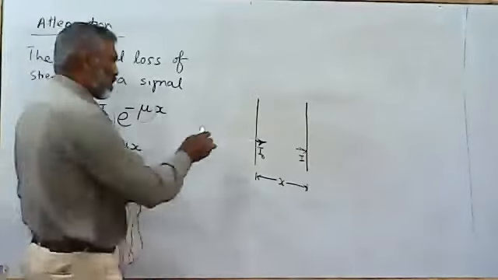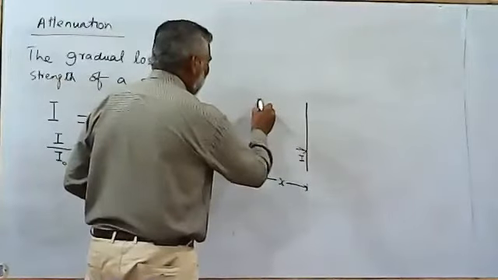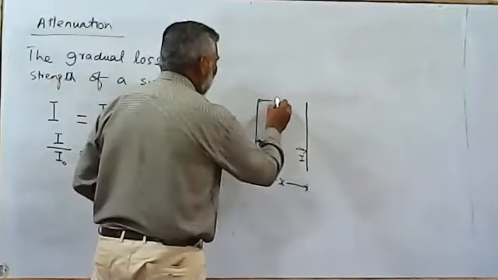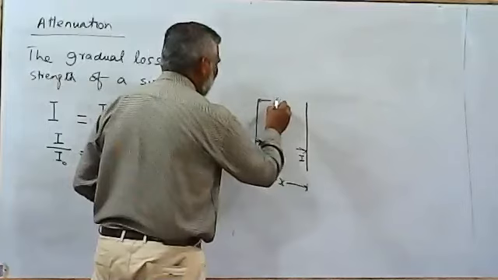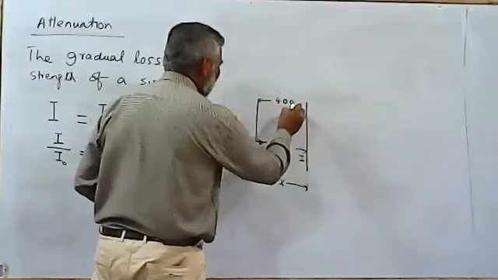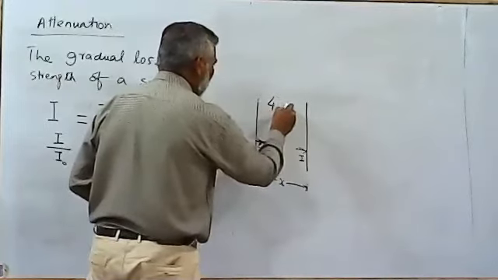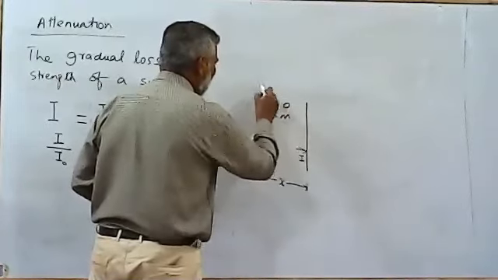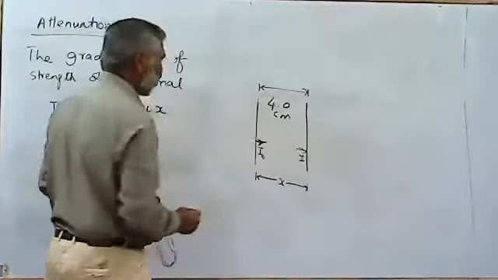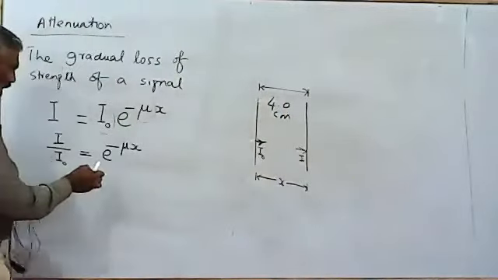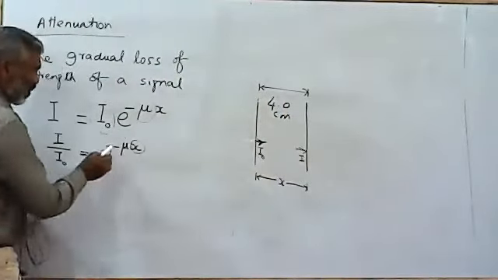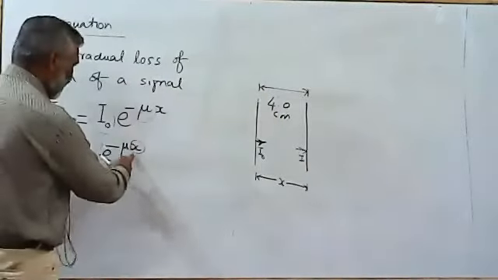Suppose this is just 4 centimeters across. The width of it is 4 centimeters. So I write 0.04 in meters here.